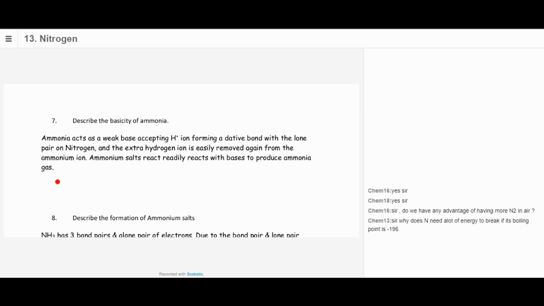Let me show you: any ammonium salt, say for example ammonium chloride, reacting with any strong alkali produces ammonia gas. And in fact, this particular reaction can be used as a test for ammonia gas.